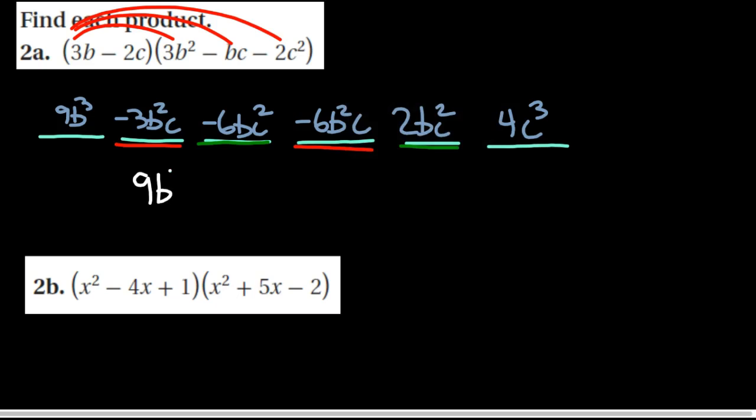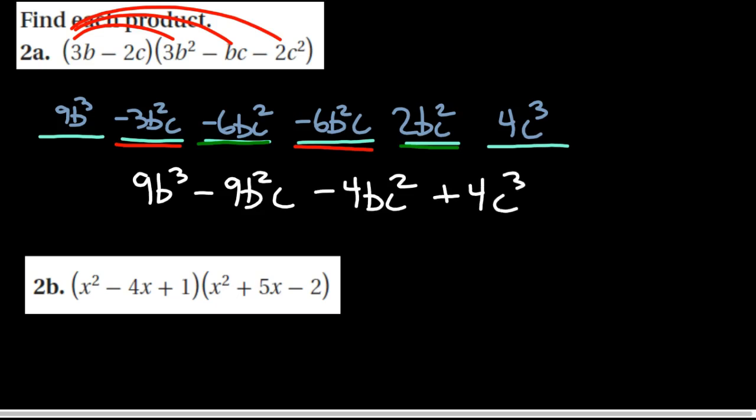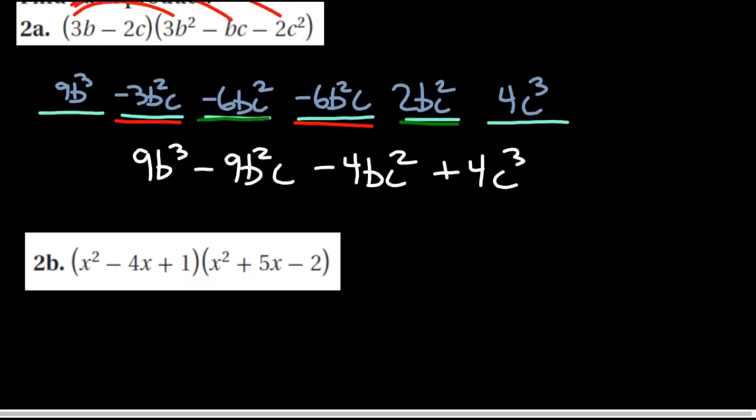Let's just stay with b. So we go 9b cubed is first, minus 9b squared c, and then we have minus 4bc squared plus 4c cubed. Right, so that's how you'd multiply a binomial times a trinomial.